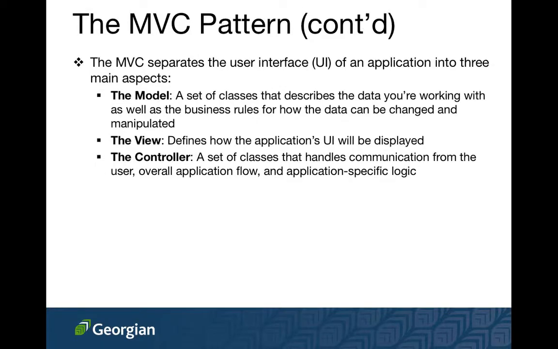So again, this is the absolute general MVC pattern. You've got your model, view, and controller idea, where a model is a set of classes that talks about the data, right? And the business rules. We have to always remember the business rules. I remember when I was doing things with MongoDB last semester, MongoDB and Mongoose and so on, we were also using a model, view, controller pattern. And one of the questions I always got was, well, how do I make this relational, right? Because MongoDB is a NoSQL database.